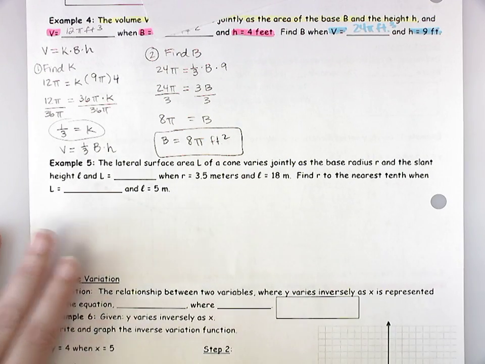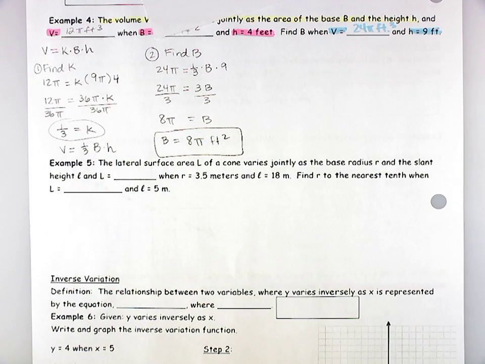Okay, so for example 5, we have a lateral surface area L of a cone. And I can draw you a picture too to see if you guys remember this from geometry. Of a cone, and that's going to vary jointly.